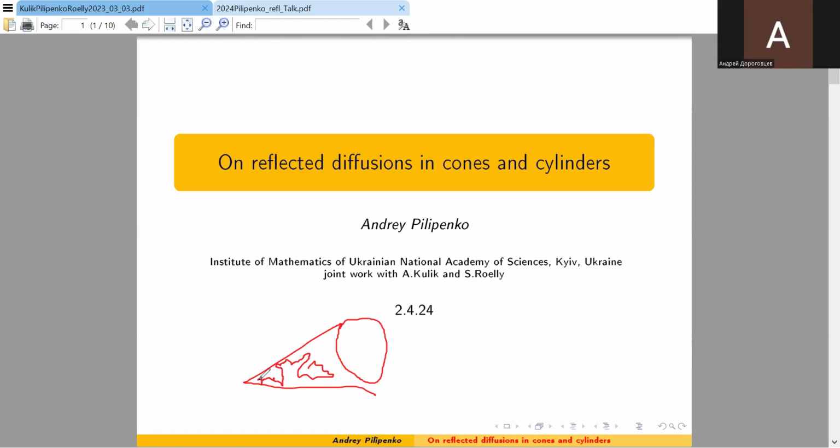And the problem is, is the vertex hit? Let me say a few words about motivation and about papers on this topic.